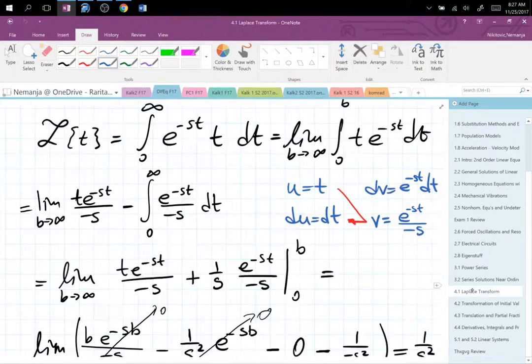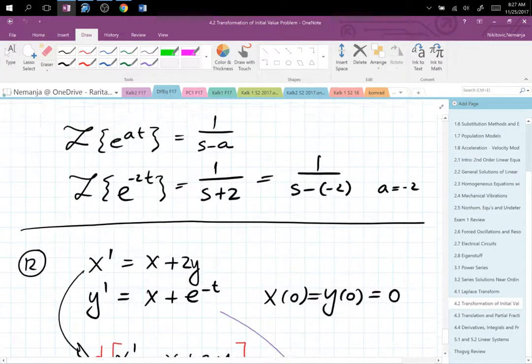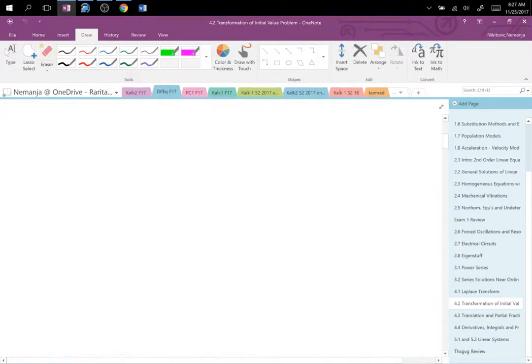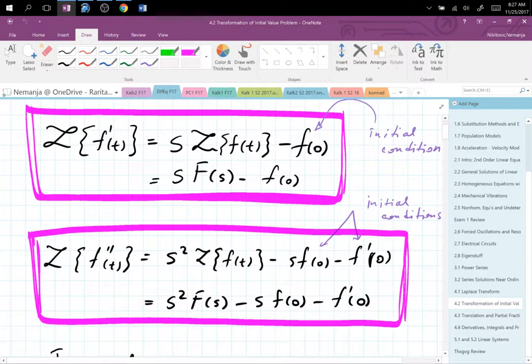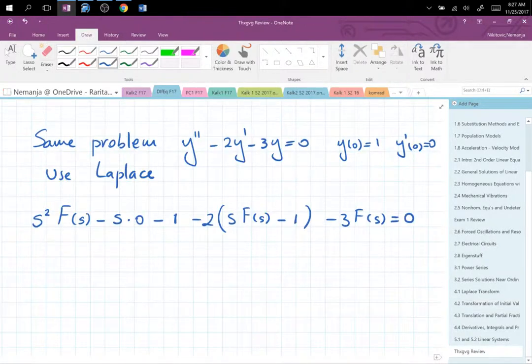So the function and then the derivative, right? What did I do? Yeah.